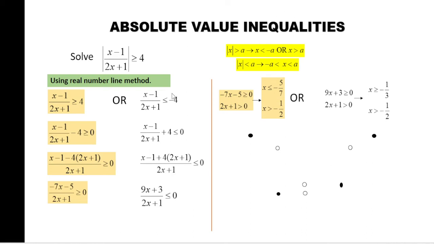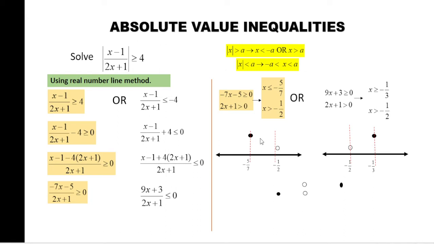Once you have all the roots at hand, then we can draw them on a number line. Put all the values and then draw the arrow. For the two points here, we have 3 regions. Likewise for the second one, you have 3 regions. The region on the left of negative 5 over 7, meaning from negative infinity to negative 5 over 7.